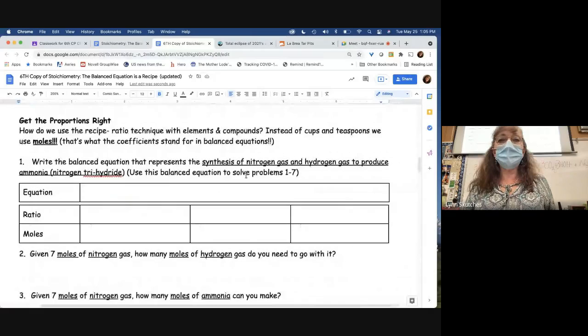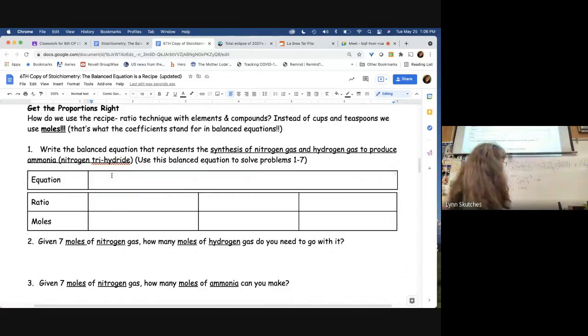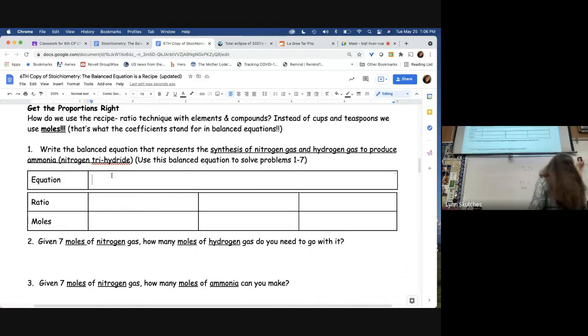Lovely. All right, so we're going to use the reaction we've been talking about a bunch. I'm going to write it on the board because it's faster. But we're doing the ammonia reaction one more time. So again, 1 nitrogen, 3 hydrogens makes 2 ammonias.